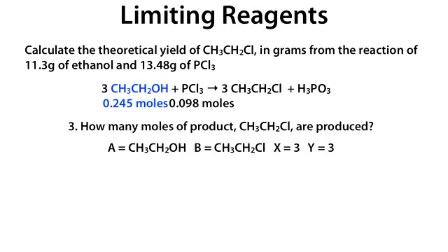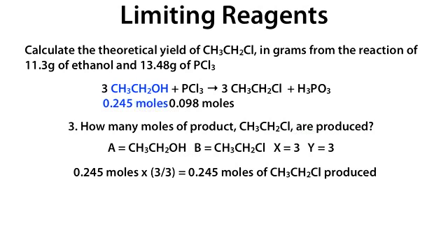X is the coefficient in front of ethanol, which is 3, and Y is the coefficient in front of CH3CH2Cl, which is also 3. So we're going to multiply our 0.245 moles of ethanol by Y over X, or 3 over 3, to get 0.245 moles of CH3CH2Cl produced.